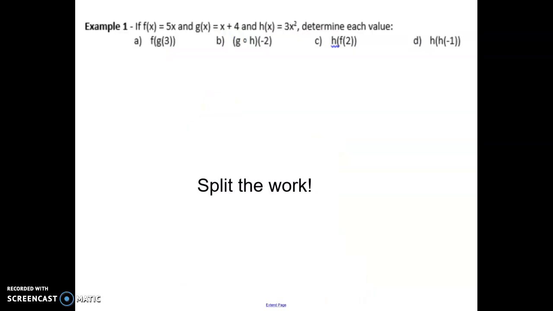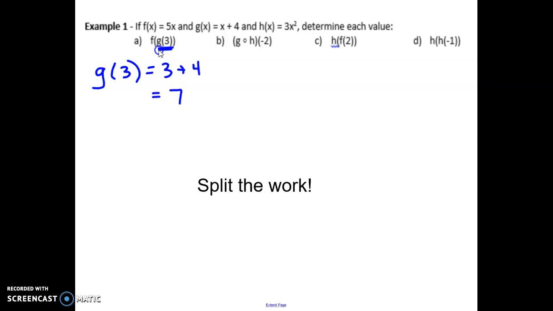Okay, let's try example 1. Example 1 says we have 3 different functions: f of x, g of x, and h of x. First, we're going to determine f of g of 3. This means I'm going to start by calculating g of 3. So I'm plugging 3 into the g equation. So this is 3 plus 4, so g of 3 equals 7.